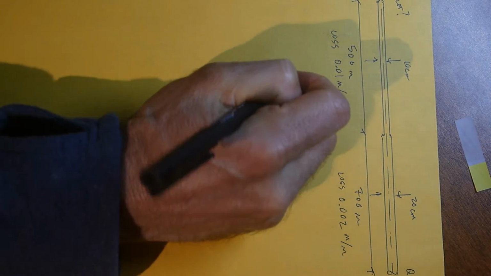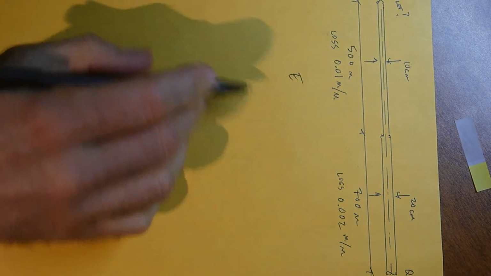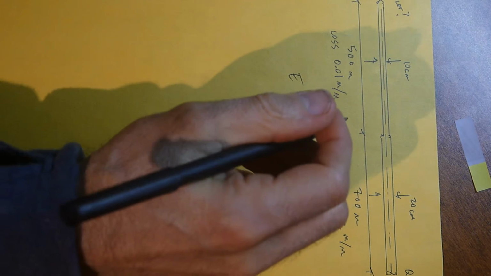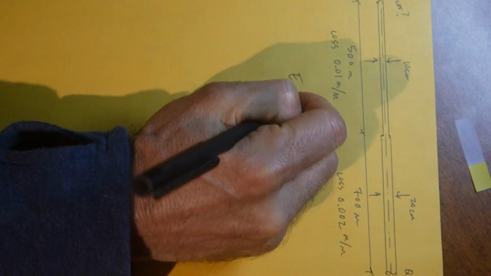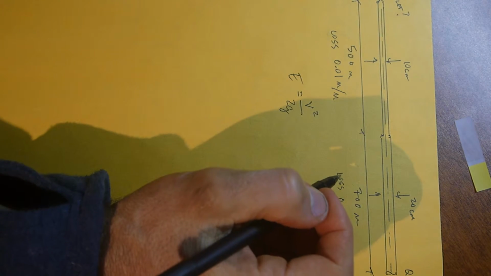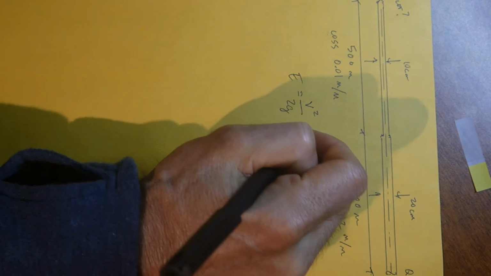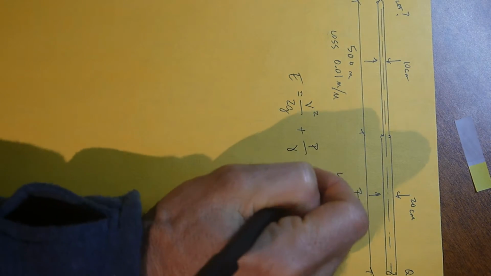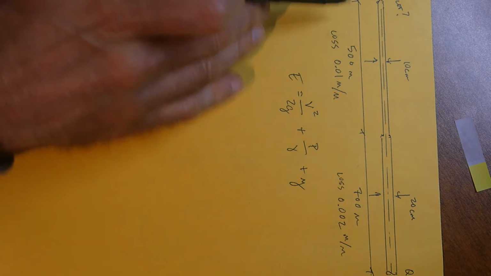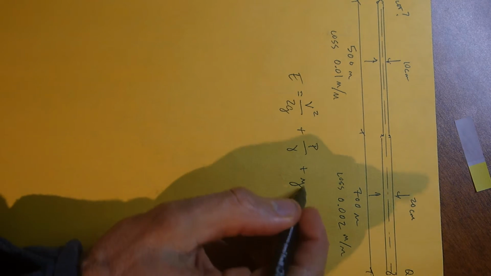We're going to say that we've got E, which is our energy, and we'll do Bernoulli's again: V squared over 2G, that's our kinetic energy, and then our pressure energy, P over gamma, plus Y. It says it's a horizontal pipe, so Y is not going to change anywhere along the pipe. So that one cancels.